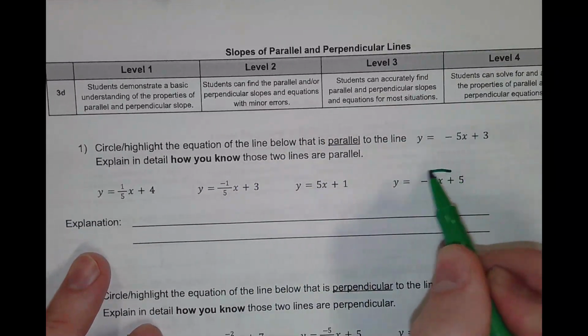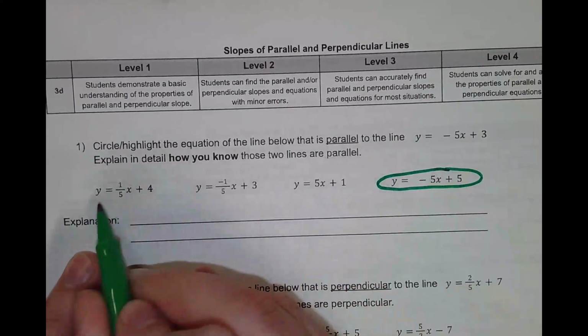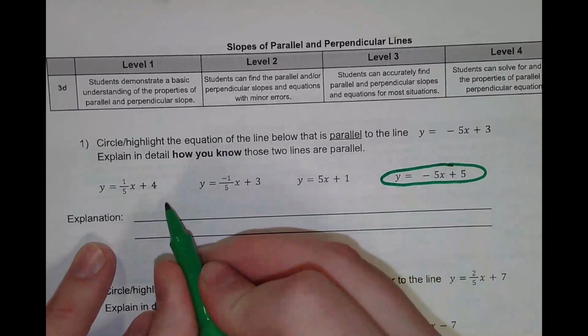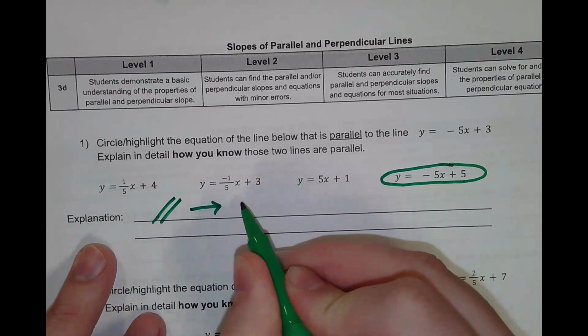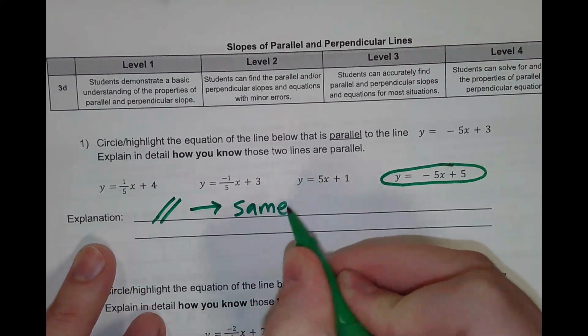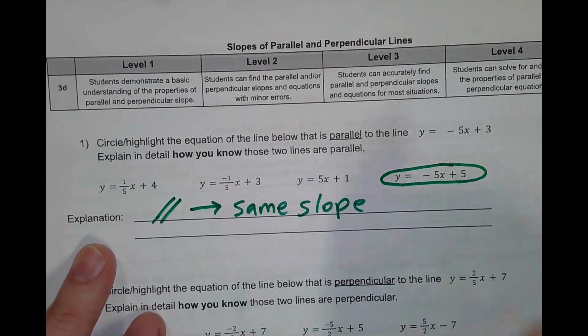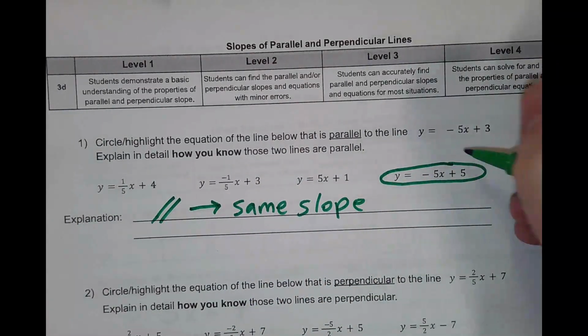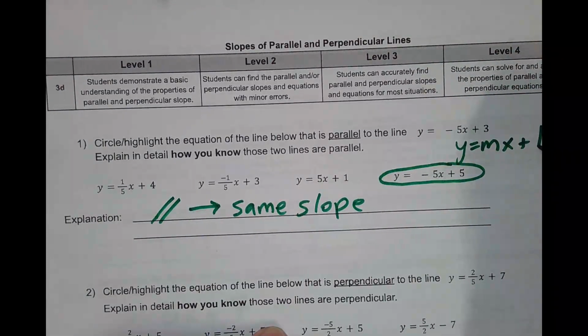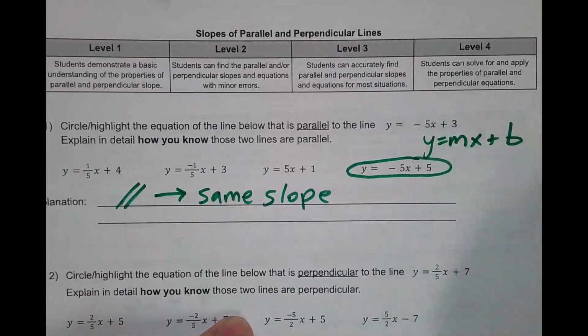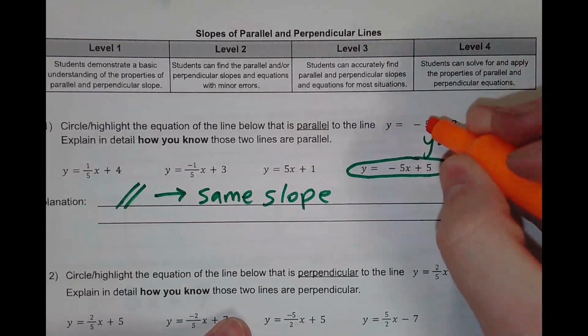I'm going to go ahead and circle the correct answer. There's only one here because we know that parallel means same slope. By now we know slope is the number in front of the x. So we need these two numbers to be the same.